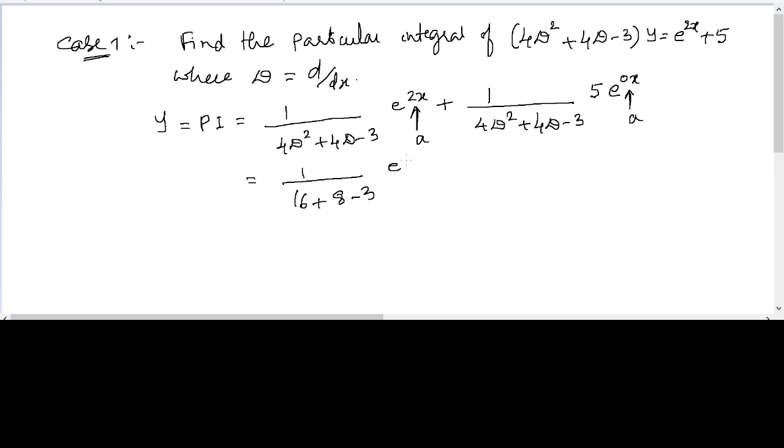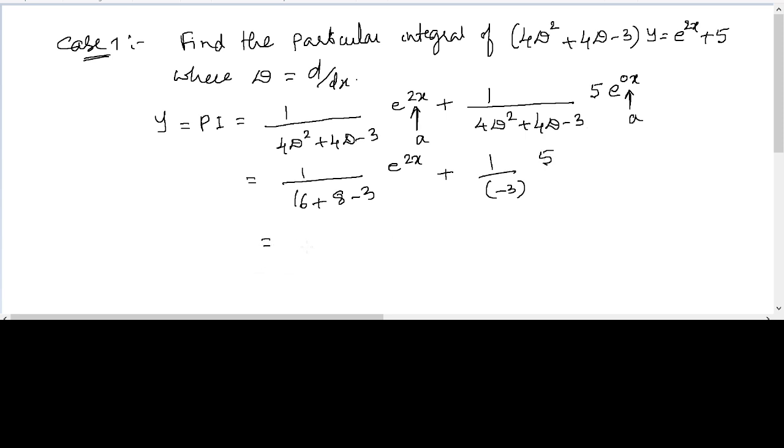Write e power 2x as it is, plus for the second term, while replacing D by a, we look at the value of a, which is 0. So wherever you have D, you just put 0. That becomes 1 by minus 3 into e to the power of 0x into 5. We write only 5.